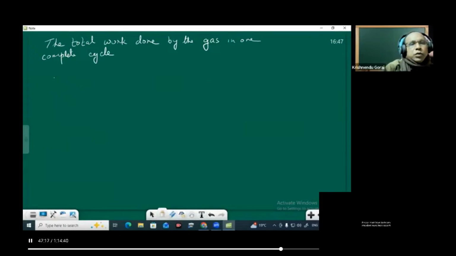What will be the total work done? W is equal to W 1 to 2 plus W 2 to 3 minus W 3 to 4 minus W 4 to 1.